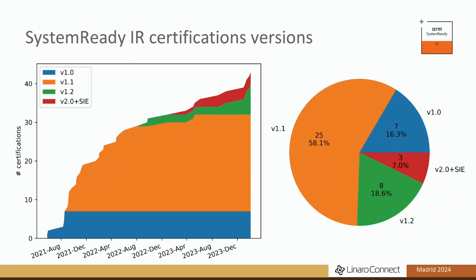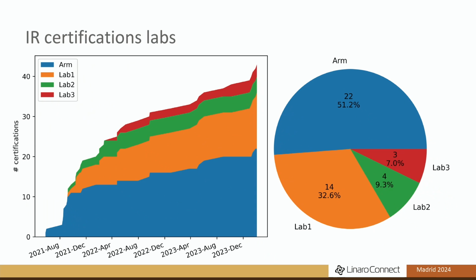Let's look at another aspect of the IR certification, and this is the IR certification labs. In the beginning, on the left of the graph, you can see that in blue, ARM was doing all the testing and results collection. But at some point, a number of certification labs have been involved.